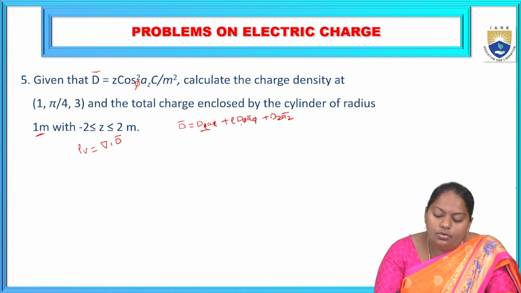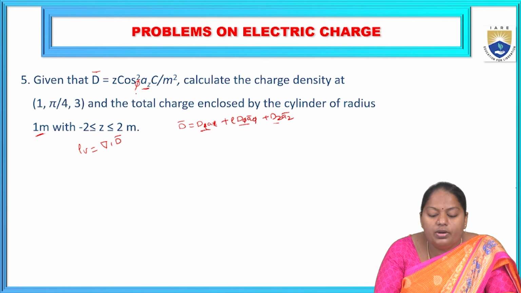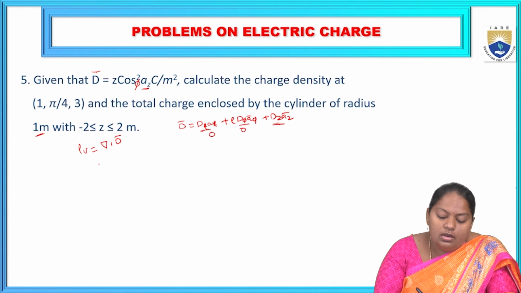Now the D rho, D phi and Dz components are to be considered from the given vector D. Here only the z direction component is there, hence we consider the z component only, and the rest of the two become zeros. Now substitute the formula dou Dz by dou z.